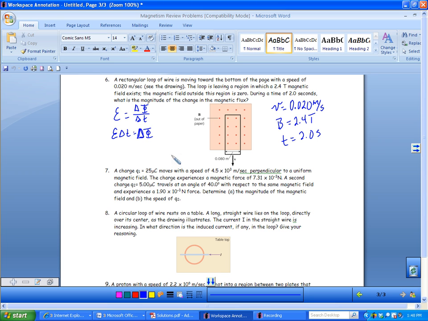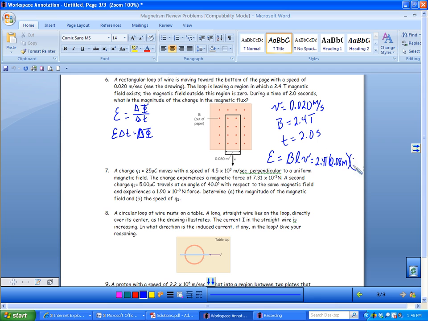Well, we know that the EMF is BLV. The B is 2.4 Tesla. The L is 0.08 meters, and that's always going to be the dimension that they're pulling on. That's the dimension you're going to use for the length, that right there.